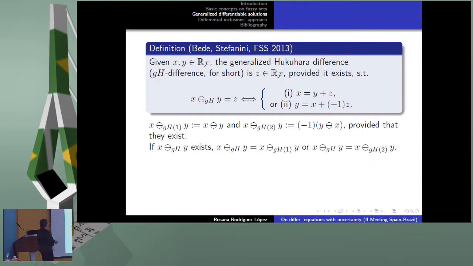The difference between X and Y exists under two possible expressions. It could be the H difference of X and Y, that is, in the interval case, easy when the length, the diameter of X, is bigger or equal than the diameter of Y, or reversing, the opposite of Y minus X. This is a more general definition of difference.